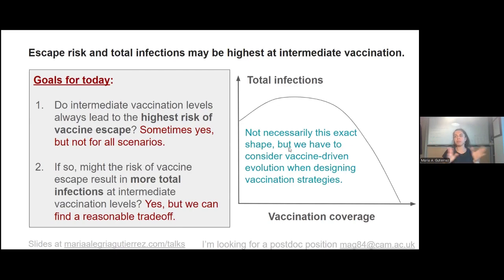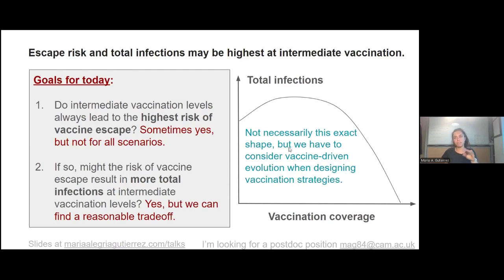It might be true that if you're vaccinated, you have such high immunity that you are really unlikely to give rise to escape strains, just hypothetically. But if that immunity partially wanes and you can get infected, then you might be at that intermediate point where you have enough immunity to select for escape strains, but not enough to prevent them from appearing in the first place. So you have to factor that in evolutionarily as well.